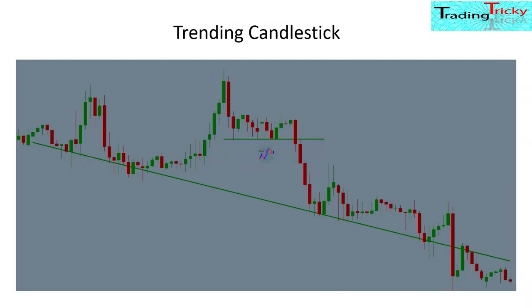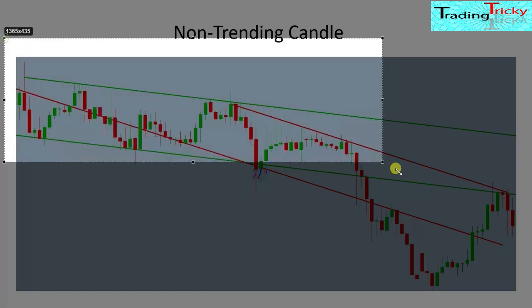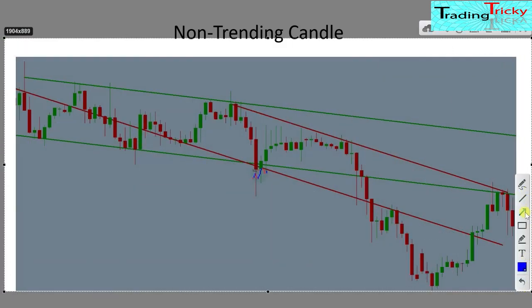So in this way you can identify the trending candlesticks. And if you check the next slide, this is non-trending candlesticks. See, this is also a downtrend, but strong wicks on the lower side, strong wicks on the lower side again, and you can see strong wicks. So this is not trending candlesticks. In this way you can identify the difference between trending and non-trending candlesticks.